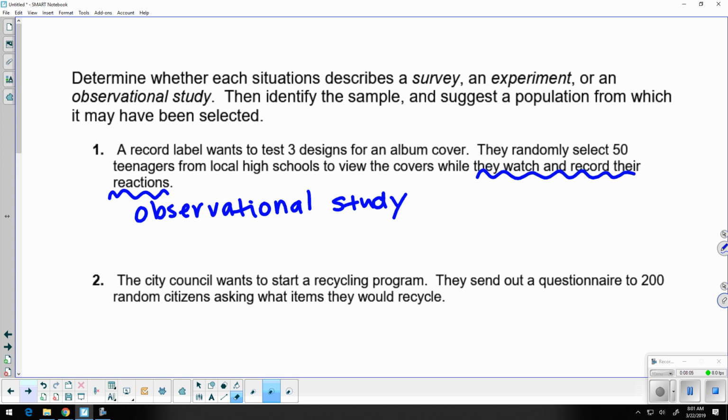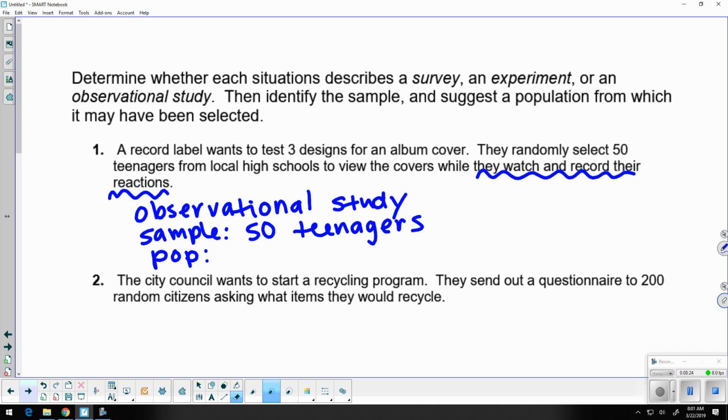Okay, as far as the sample goes, so what is our sample? Well, it's going to be the 50 teenagers. That's our sample. And where can this sample be selected from? What's the population then? So where are we taking these 50 teenagers from? It says from local high schools, right?